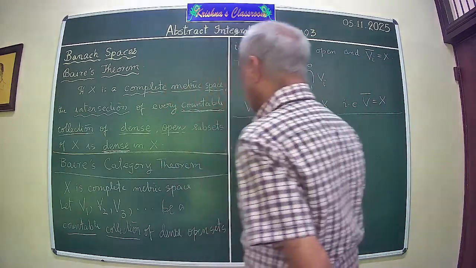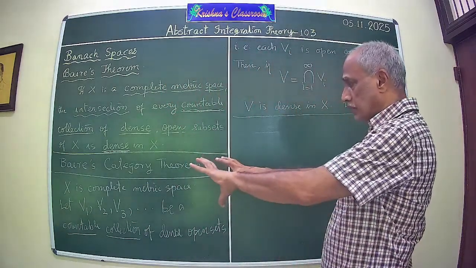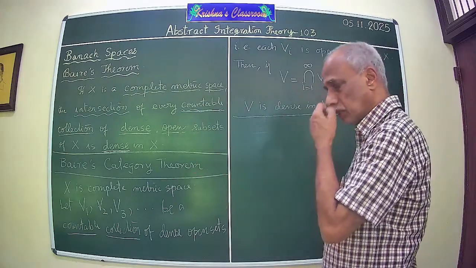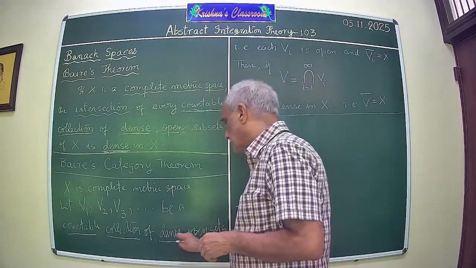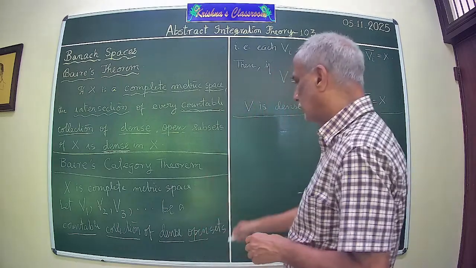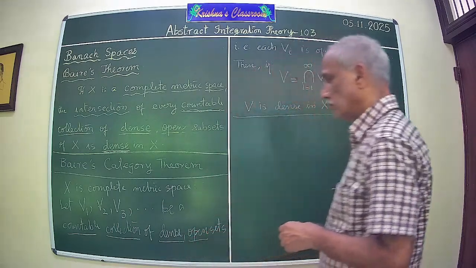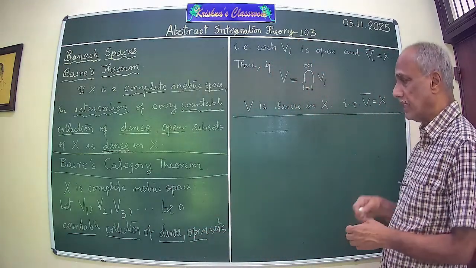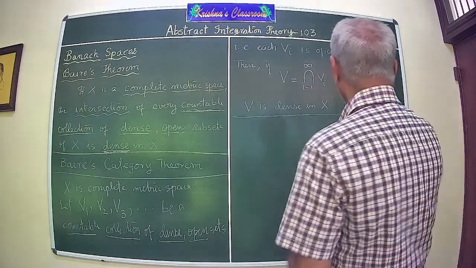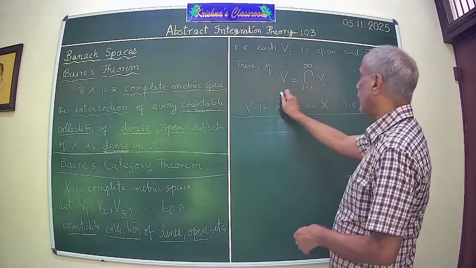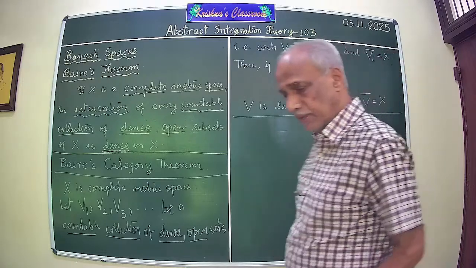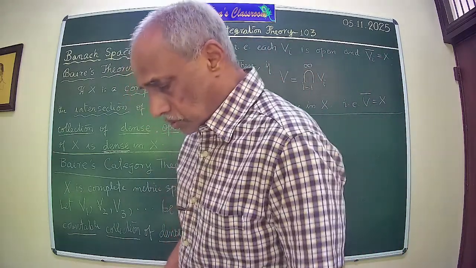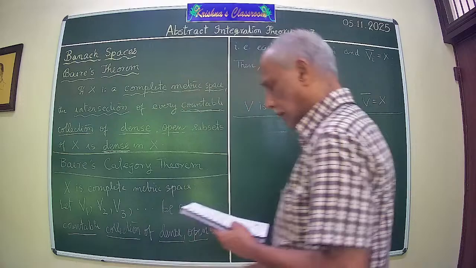So we start with a countable collection of dense open subsets. We are assuming that each of these Vi are open and they are dense in X. That means these properties are satisfied, and then we take the intersection and we show that this is dense in X. Okay. So let us prove this.